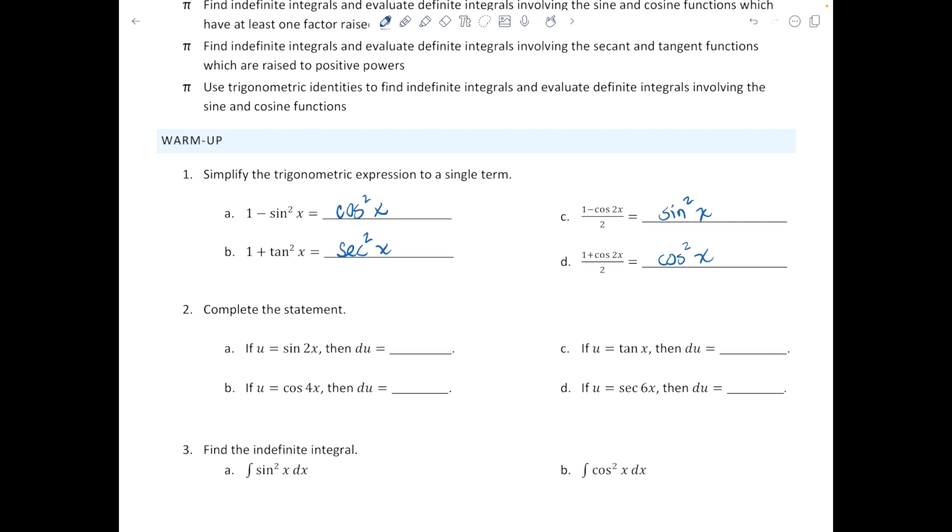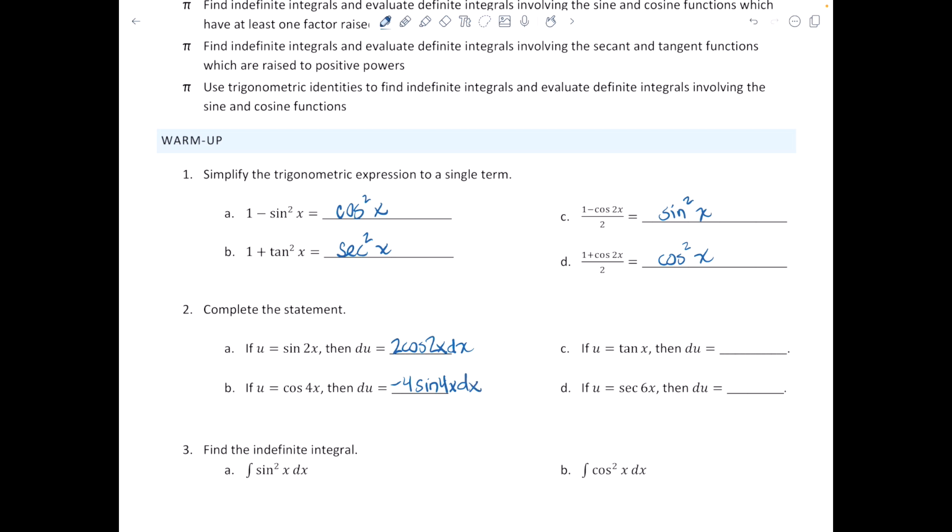Excellent. All right, now complete the statement. If u equals sine at 2x, then du equals 2 times cosine at 2x times dx. If u equals cosine at 4x, then du equals negative 4 times sine at 4x times dx.